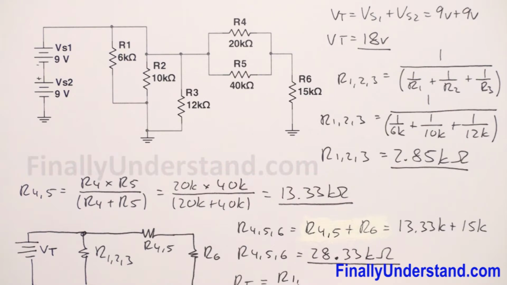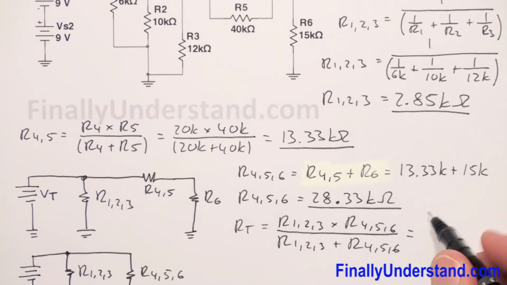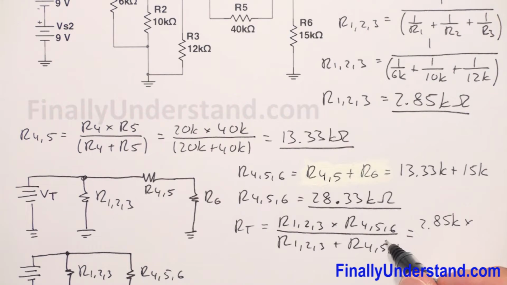So R1,2,3 times R4,5,6 over R1,2,3 plus R4,5,6. R1,2,3 we found is equal to 2.85K, times R4,5,6 which is equal to 28.33K, over 2.85K plus 28.33K.